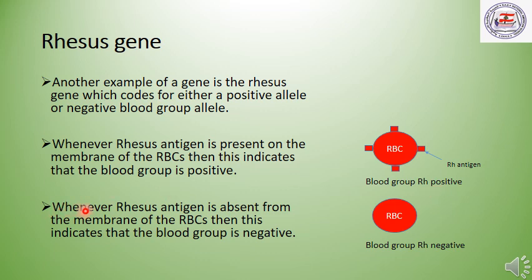Whenever rhesus antigen is absent from the membrane of the red blood cells, just like in the case of the O blood group, then this indicates that the blood group is negative. As you can see here, the red blood cells don't express an Rh antigen, and therefore they are considered blood group negative.